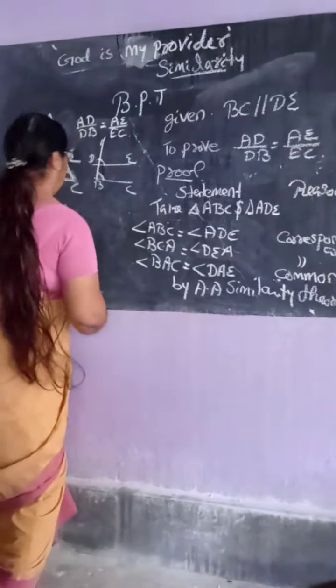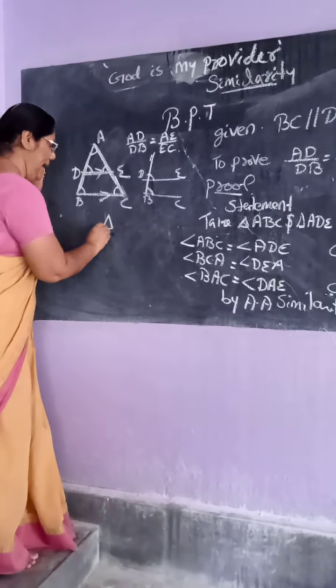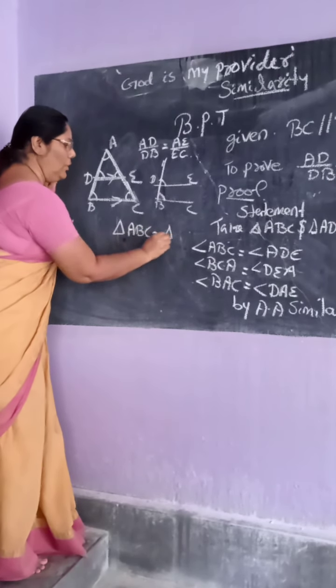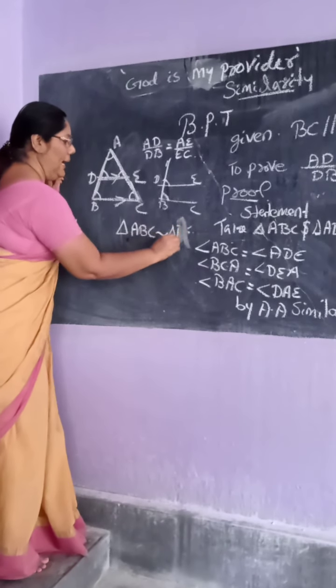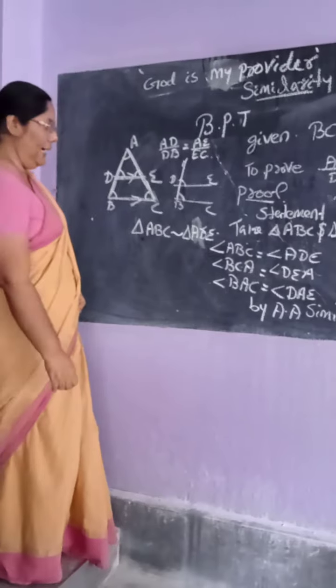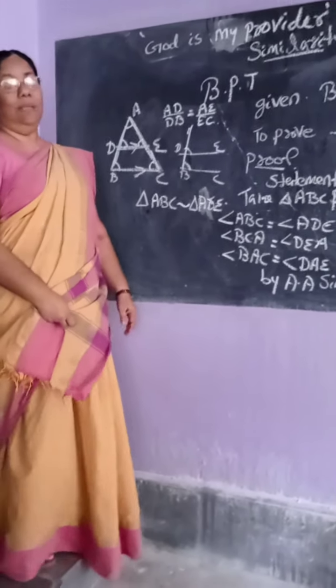Right, the next step. By AA similarity theorem, look here, triangle ABC is similar to triangle ADE. Okay, those two triangles are similar.